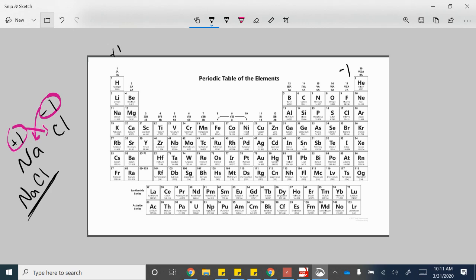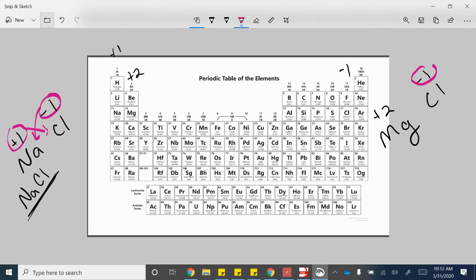Let's do a harder one. Let's do magnesium and chlorine. Magnesium is in that second column, so this whole column, they all form a +2 charge, right? And chlorine, we just talked about, has a -1 charge. Now again, we do this crisscross thing.